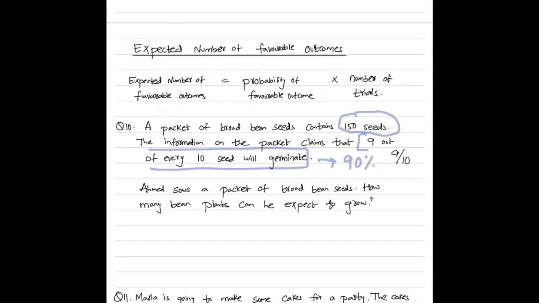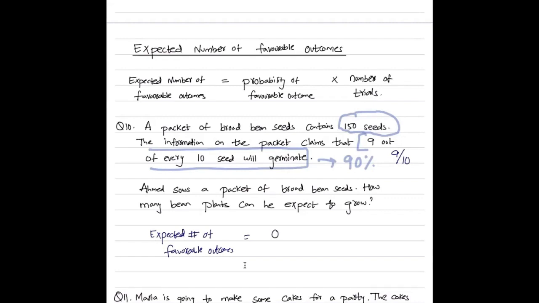Yes. So if I want to use this probability to estimate the expected number of favorable outcomes out of 150, all you are going to do is find the expected number of favorable outcomes, which in this case is the number of seeds that are expected to germinate.